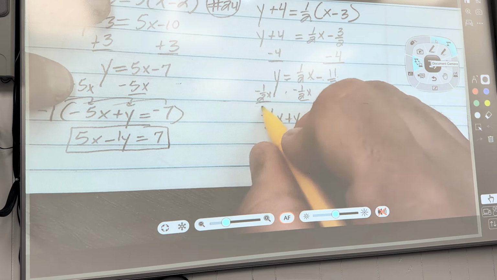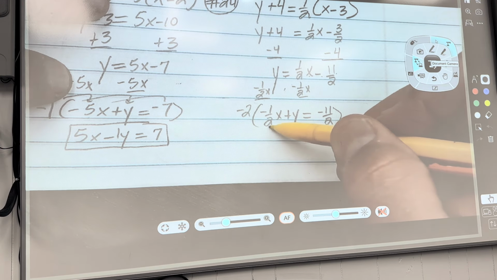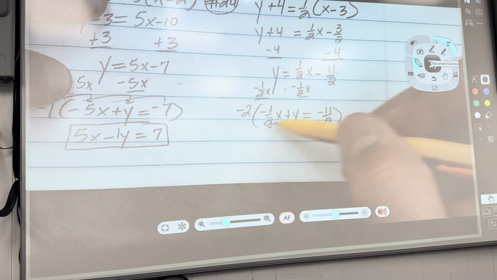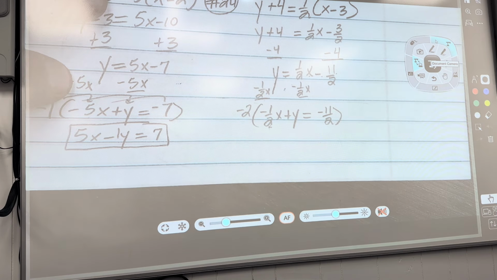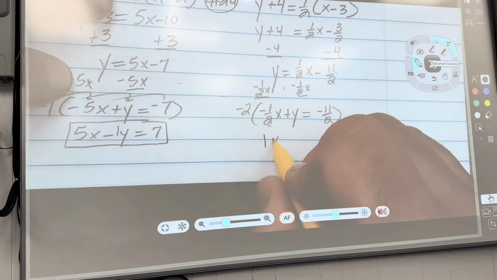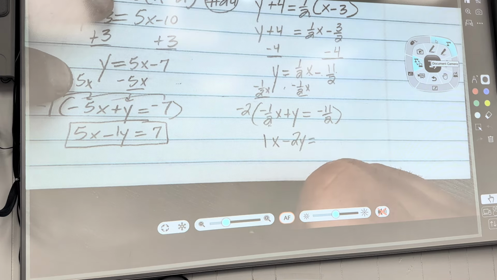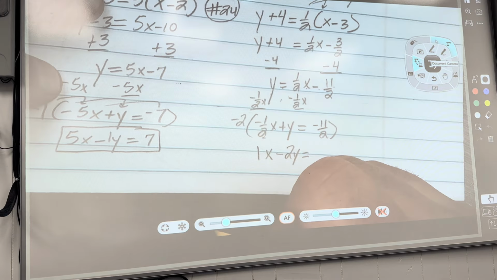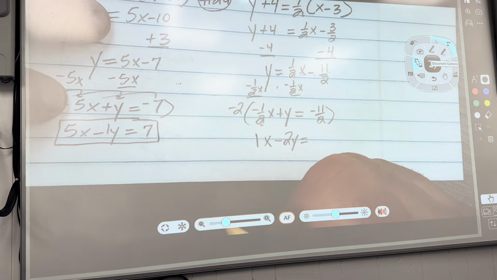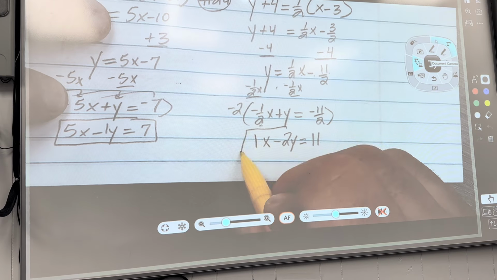So multiply by negative 2. That'll do 2 things at one time. It'll make A positive and it'll get rid of your rational numbers or fractions. Negative 2 times negative 1/2 is 1x, and negative 2 times y, negative 2y, and negative 2 times negative 11/2, positive 11. Ladies and gentlemen, there is your answer.